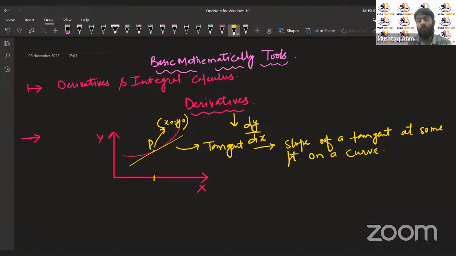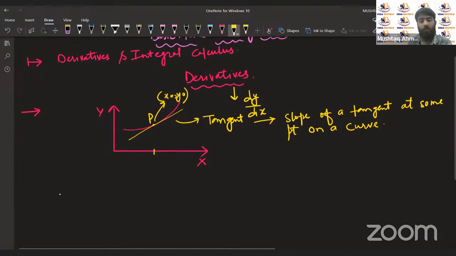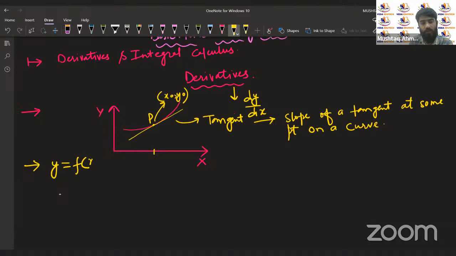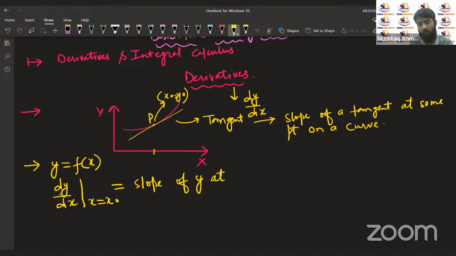At point P, we have to see what the slope of this tangent is. Suppose y is some function of x. We'll take its derivative at this point, that's dy upon dx at x equal to x naught. This will give us the slope of y at point P.